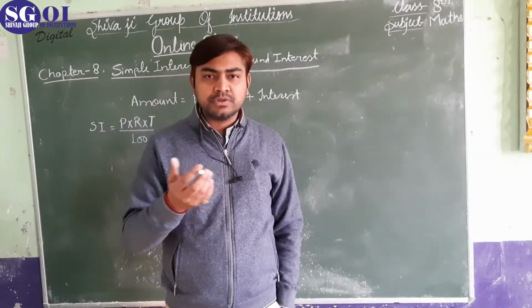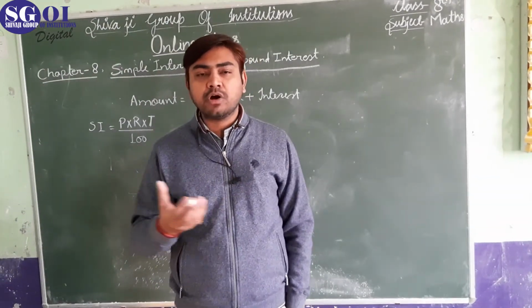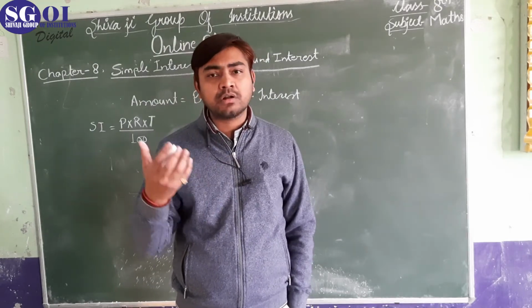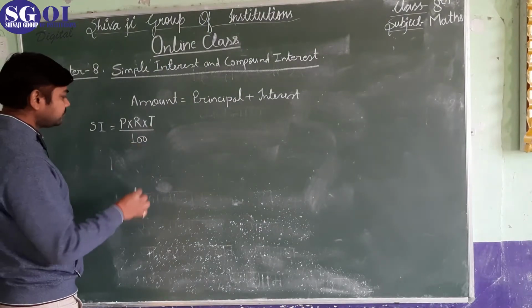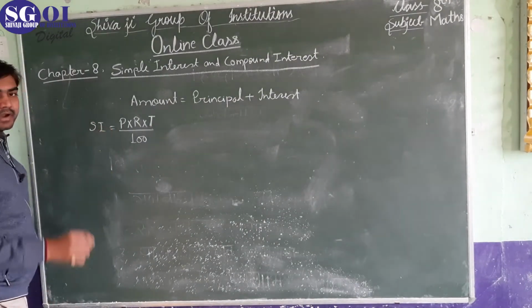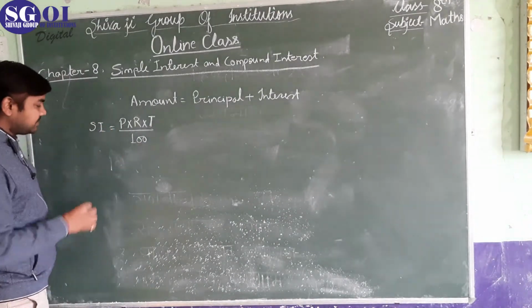The period for which we have taken the amount, how many days, how many years, or how many months. That is time. That is T. Okay. From here we can find out our simple interest.